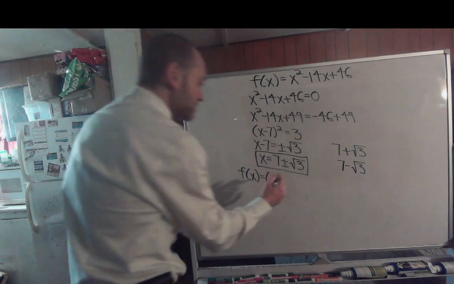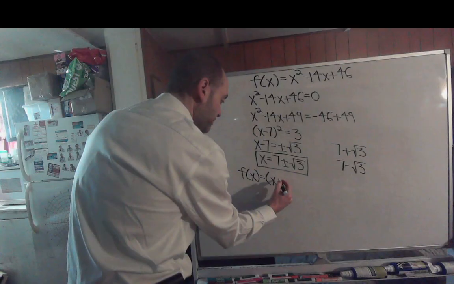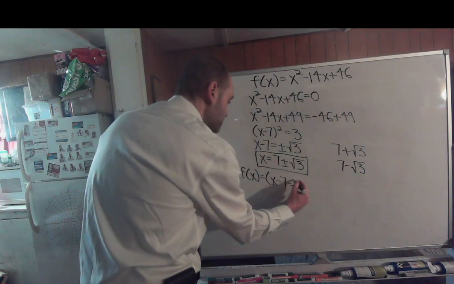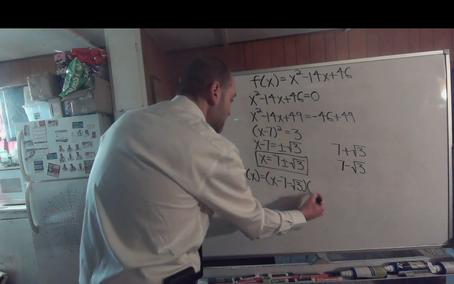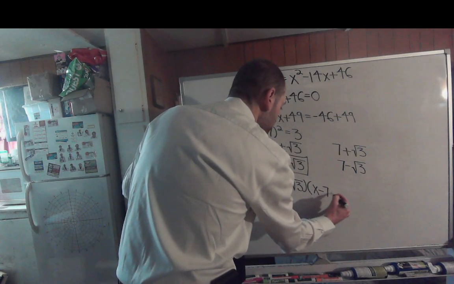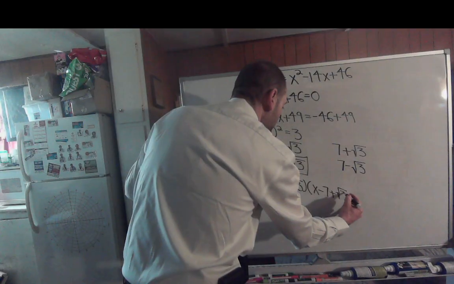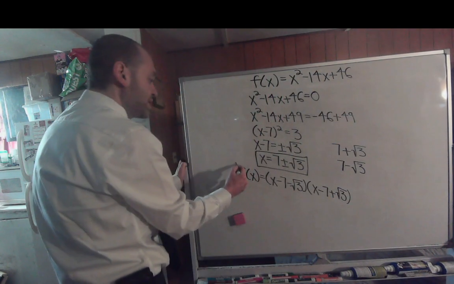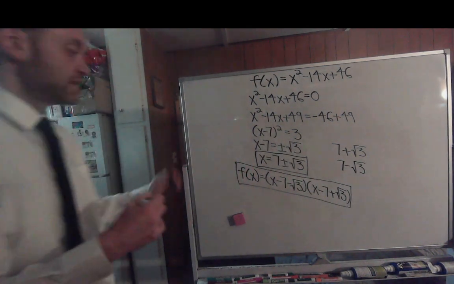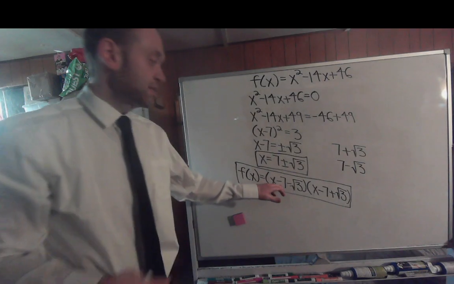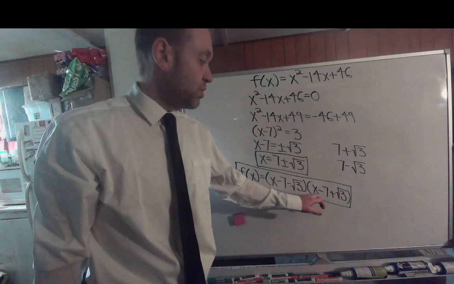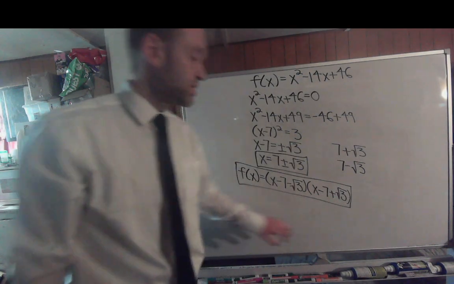So f of x equals x minus 7 minus the square root of 3 times the quantity of x minus 7 plus the square root of 3. That's how you would write something like that in terms of linear factors.